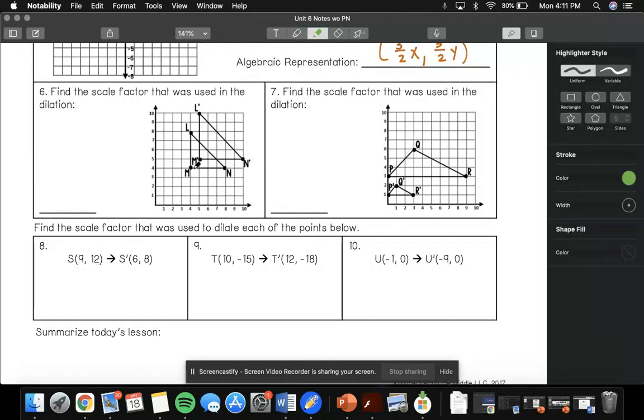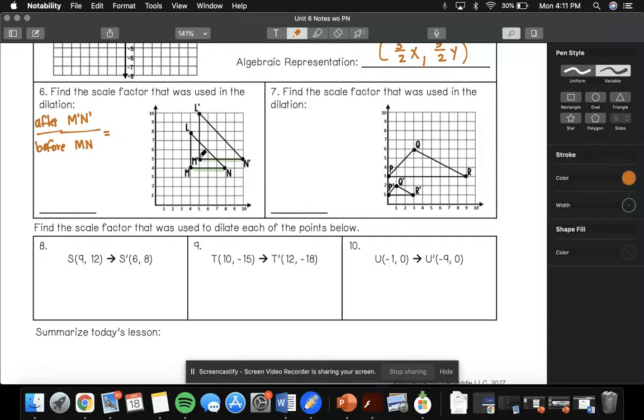So I'm going to use M to N, and I'm going to find its corresponding part, which is its matching part, M prime to N prime. I'm going to do after over before. If I think about after, I'm talking about the primes, so I need to think about M prime to N prime. And then the before will just be M to N.